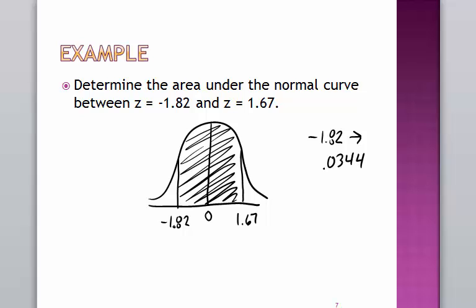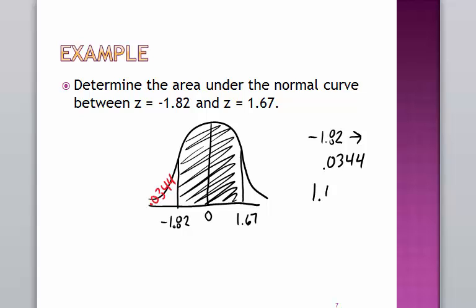Okay, so remember that that is the area to the left of negative 1.82. So that is the area right in here. 0.0344. All right, and so I'm going to keep in mind that that is not a shaded part, so I know that eventually it's going to need to be subtracted off because I don't want it included.